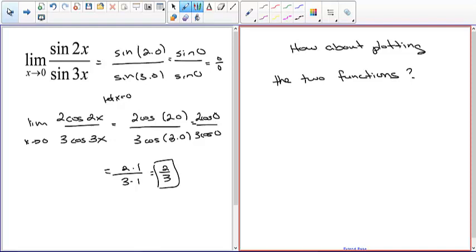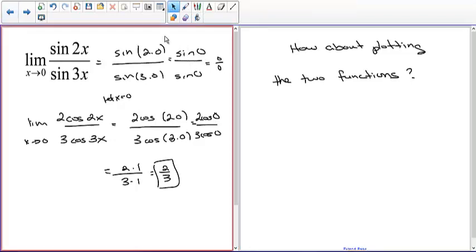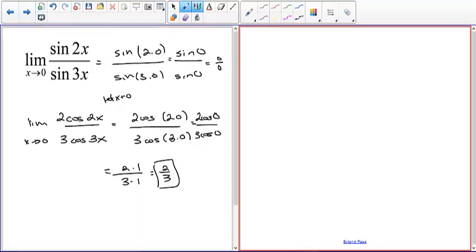I'm just trying to think of a case where... I never thought of a case that wasn't indeterminate. So if you took the limit as x approaches 1 of the sine of 2x over the sine of 3x, that's not going to be indeterminate. So if I can just evaluate that.